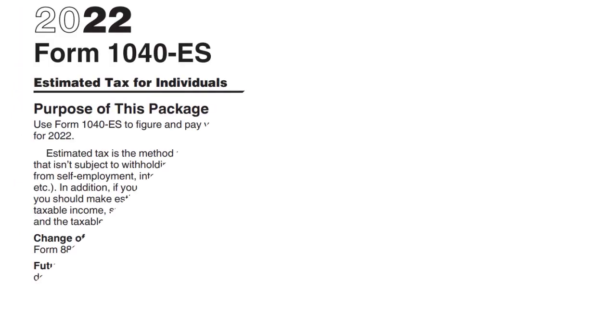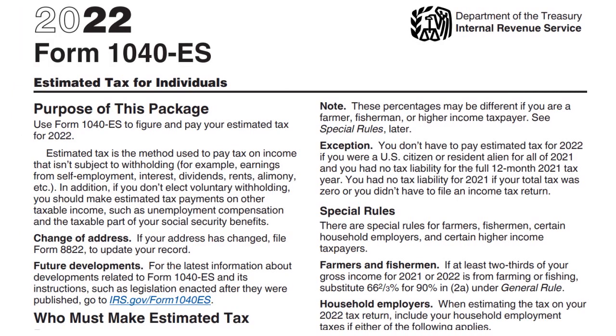You should also make quarterly estimated tax payments on Form 1040-ES, which is the estimated tax for individuals. So first step, you want to report your income. By accurately reporting your income, you can ensure that the 1099 forms that the IRS receives from your clients match up with your reported income. So step number one, report your income.